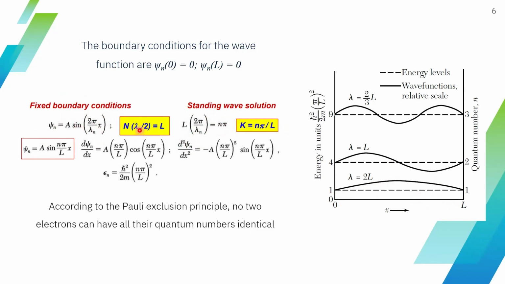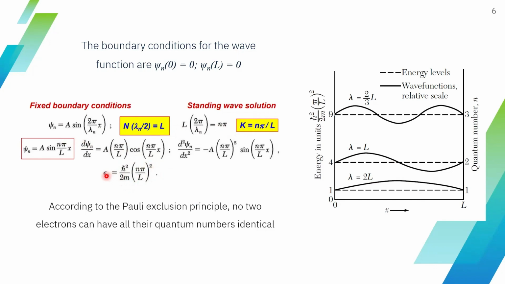So here the L value is given by n into lambda n by 2, and the k value is given as n pi by L. After substituting everything, we get En equal to h cross square by 2m into n pi by L the whole square. So here, as I said earlier, En is the energy.